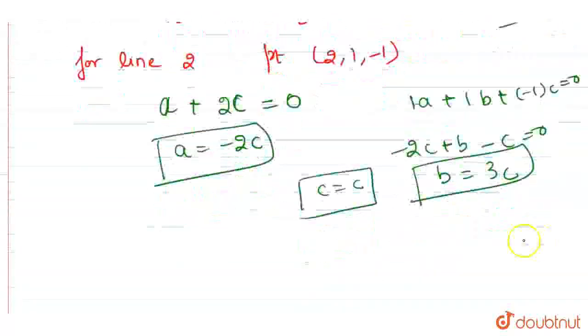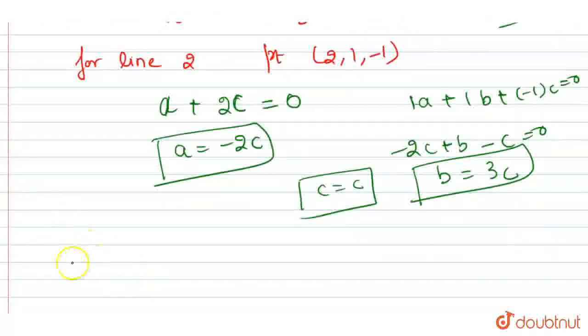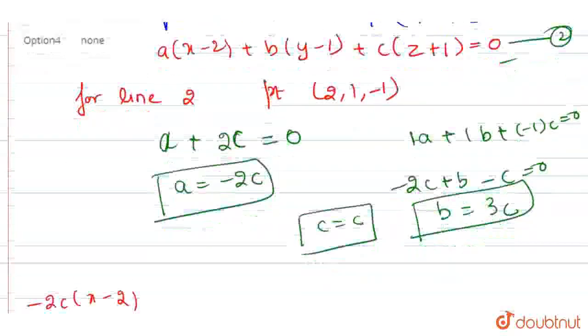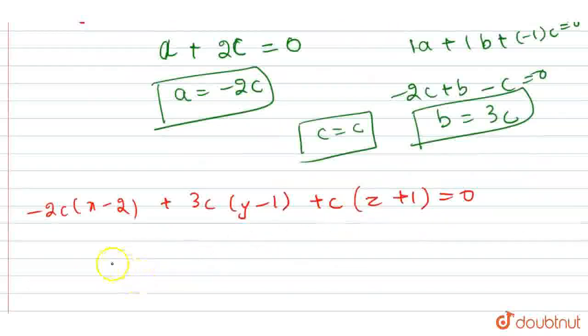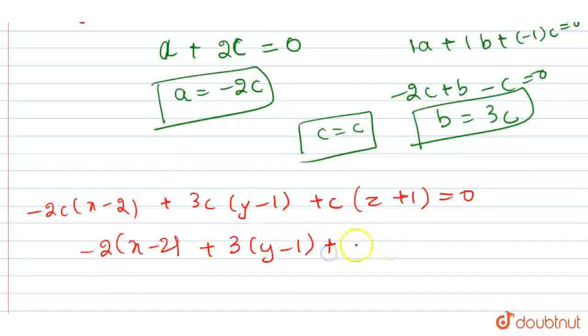So we get a(x - 2), that is -2c(x - 2), plus b(y - 1), that is 3c(y - 1), plus c(z + 1) is equal to 0. Taking c common, we will have -2(x - 2) + 3(y - 1) + (z + 1).